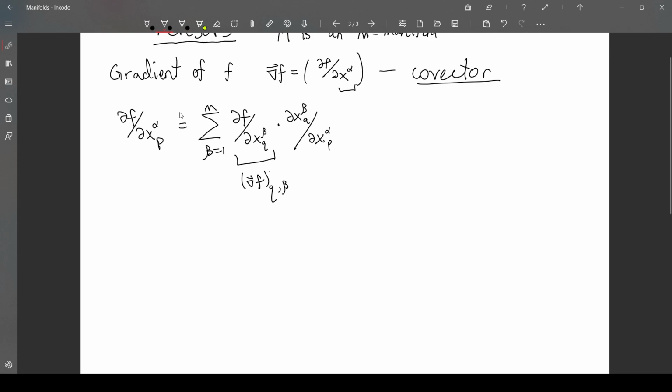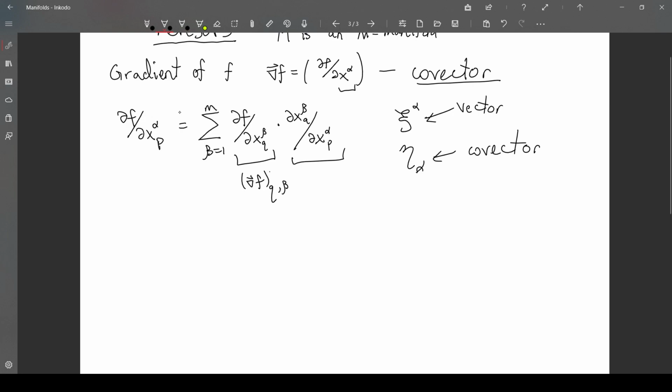In differential geometry, it's very important to get the indices in the correct spot. With a vector, we denote it like this. But a covector would look like this. And this is the transformation rule for a covector.